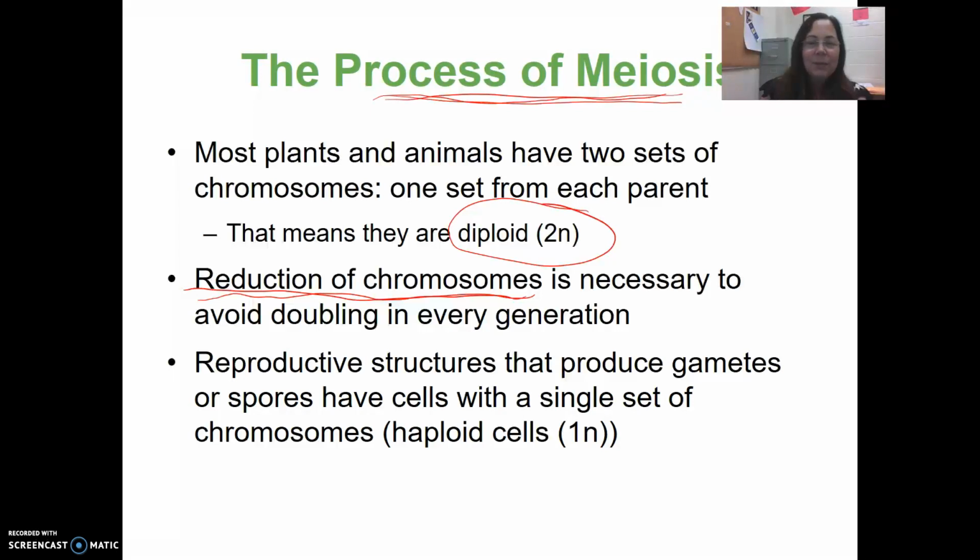Reproductive structures produce gametes or spores, because plants as well as fungi will produce spores that are kind of the same thing as gametes. They're going to have cells with only a single set of chromosomes, so we call them haploid cells.